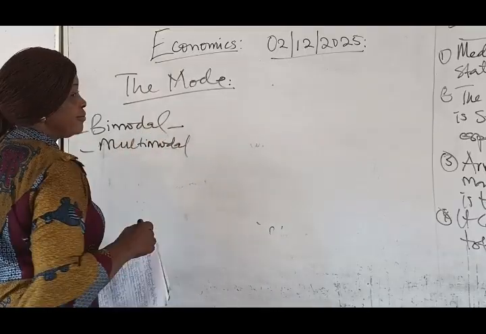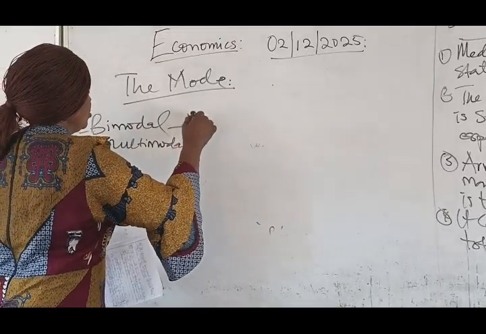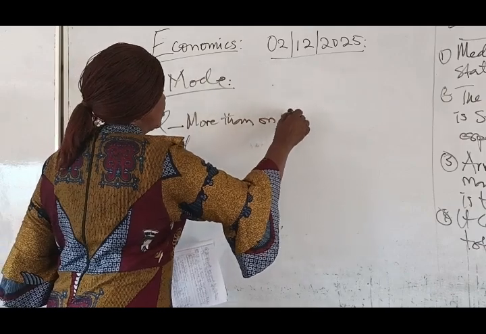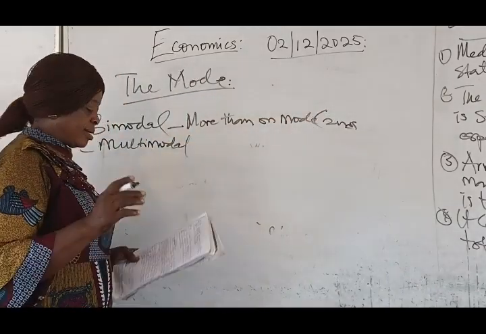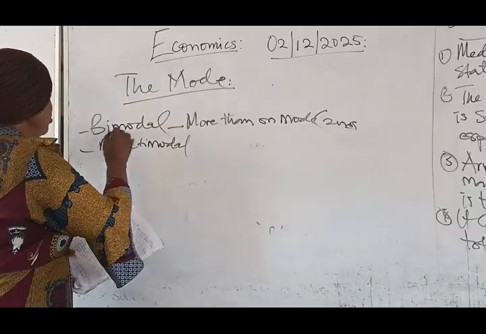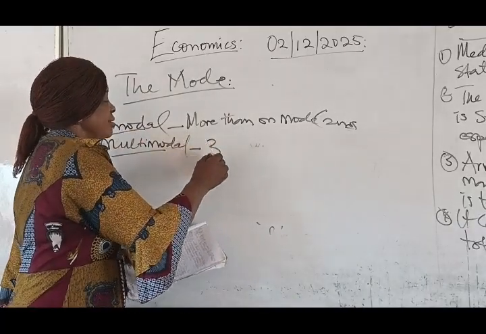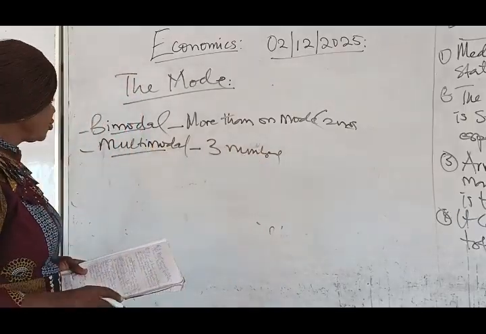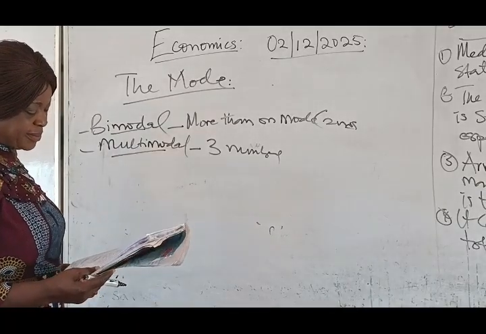That is when you have more than one mode. Let's say two numbers appear as mode, we call it bimodal. When you have up to, let's say, three numbers that appear as mode in a distribution, we call it multimodal.